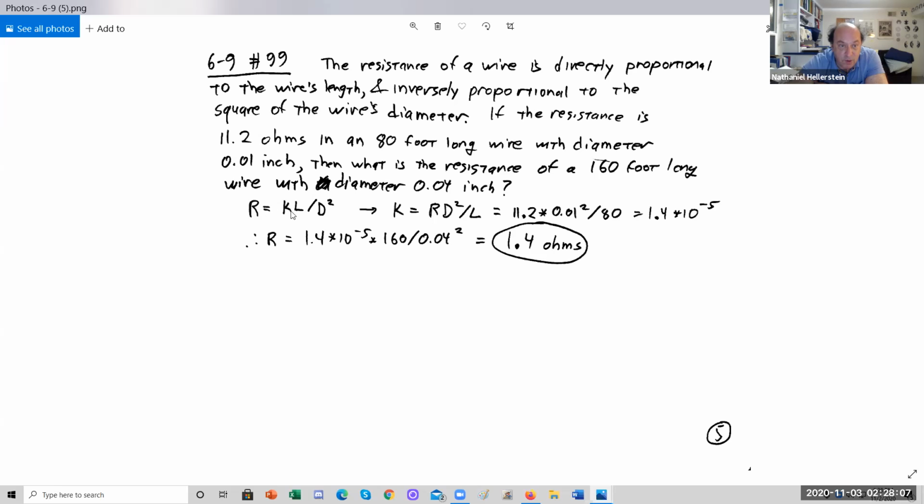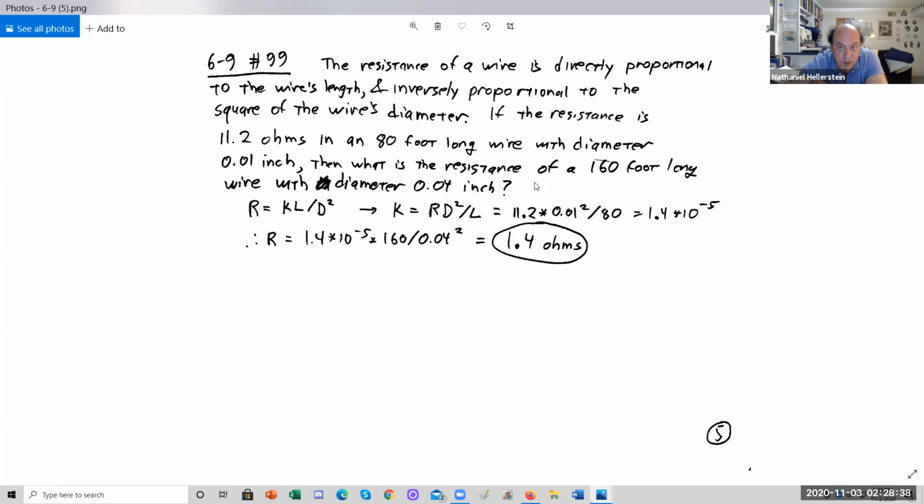Okay, so R equals KL over D squared, and solving for the constant of proportionality, it's R D squared over L. Now plugging in, the resistance is 111.2 here, D squared, 0.01 squared, over L, 80, comes out to, after a bit of arithmetic, 1.4 times 10 to the negative fifth.